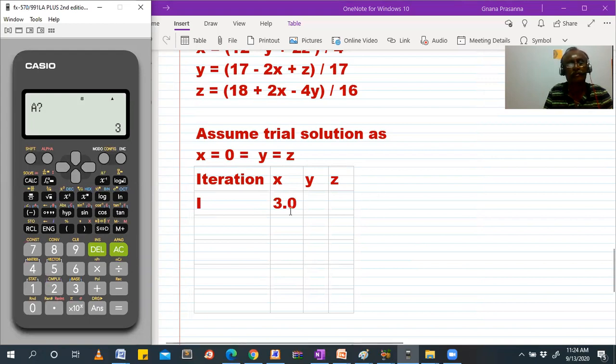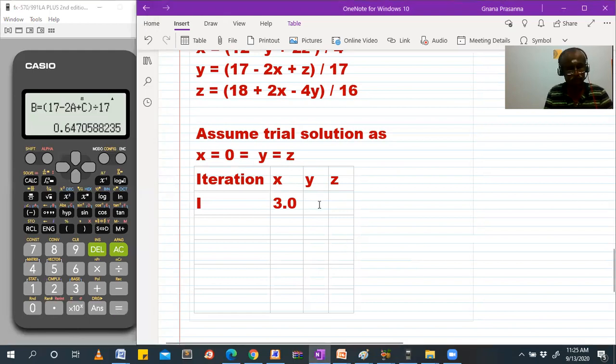Now A is calculated, so we use this value in the current iteration itself. So we take A equal to 3, and C is not known, so we take it as 0. So B is 0.6471.